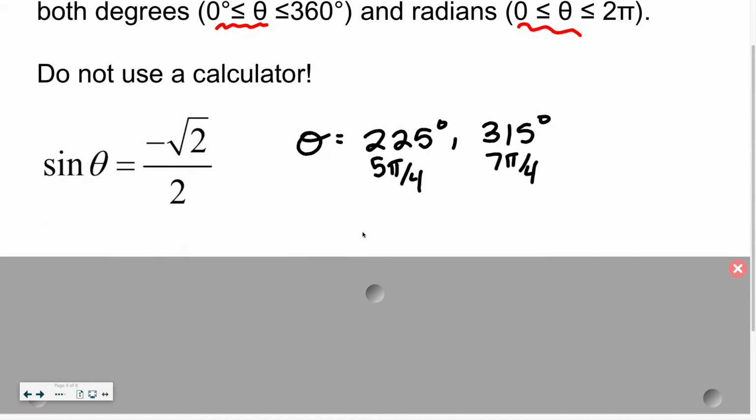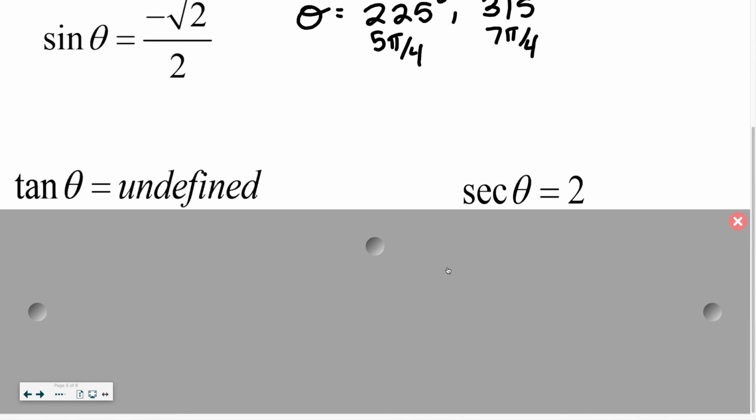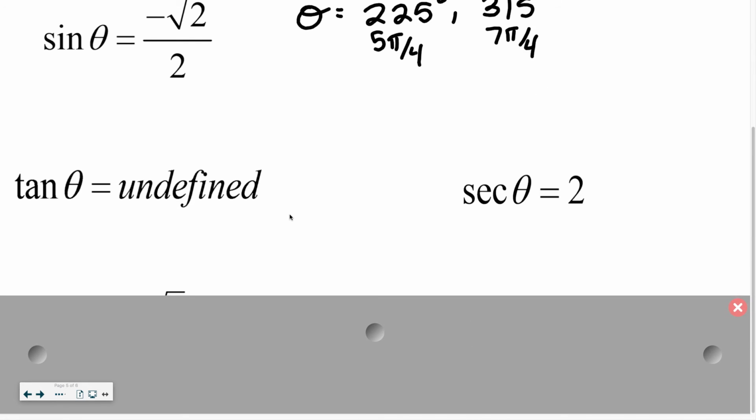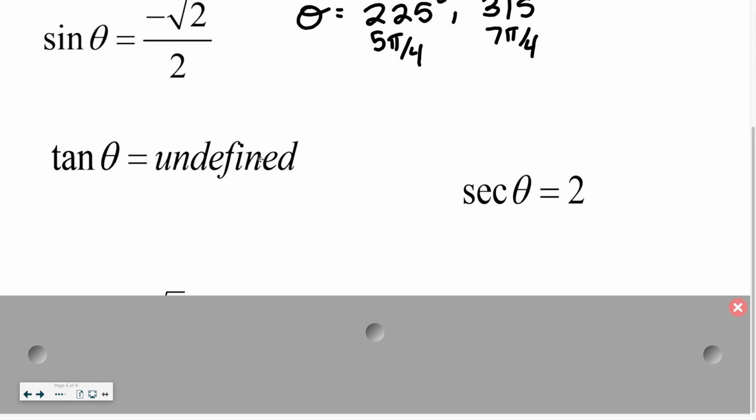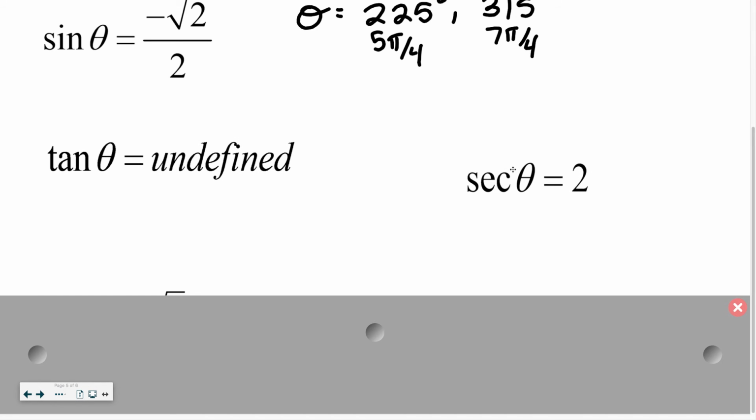Okay. Let's see, maybe we'll do one more example, and then you tell me if you want to do another. Let's do tangent theta is undefined. What has to be true in order for you to get an undefined answer? 0 has to be in the denominator.